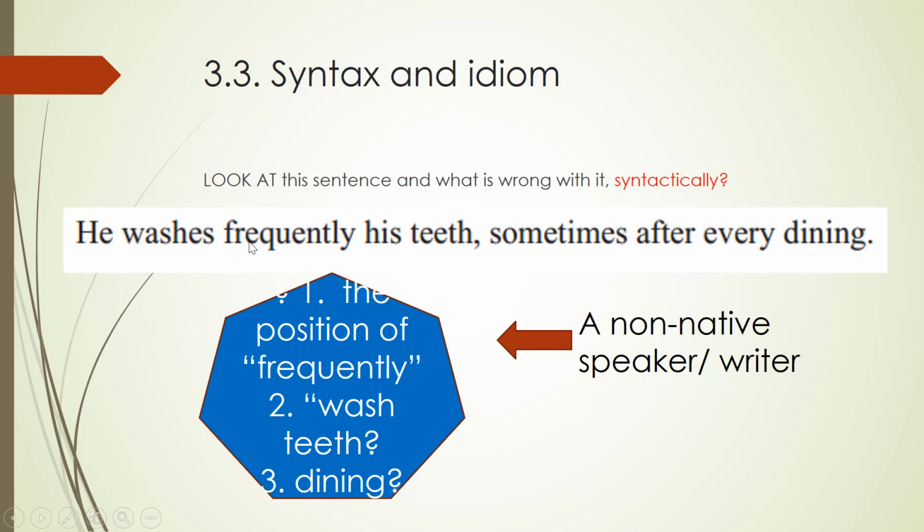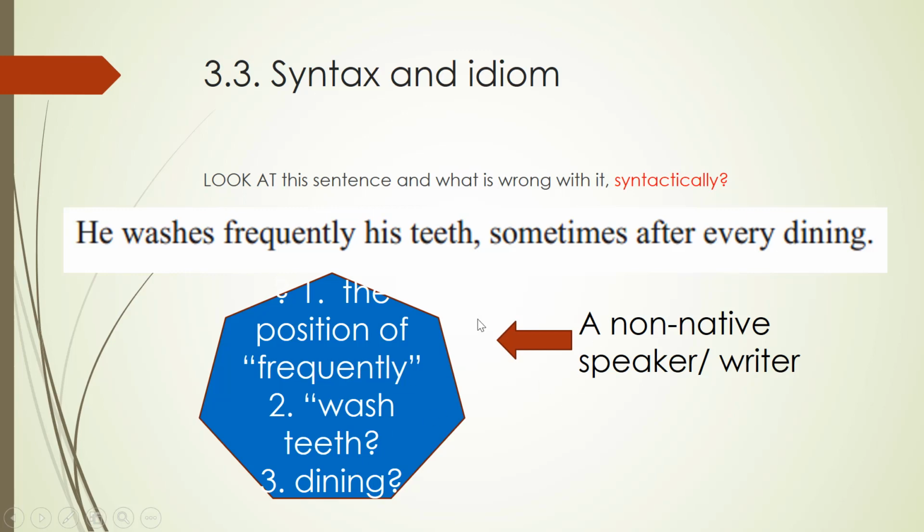This one must be before the verb wash, or must precede the main verb wash. The second is a kind of collocation mistake. We don't say wash teeth, we say clean or brush teeth. And the third problem here is a kind of wording. We don't say every dining, instead every meal.